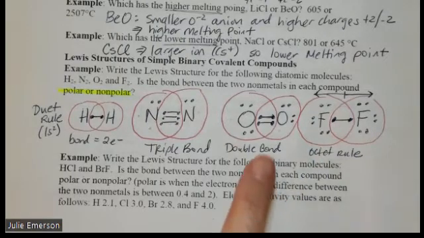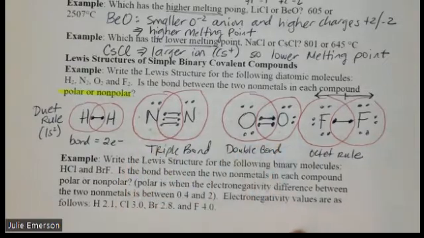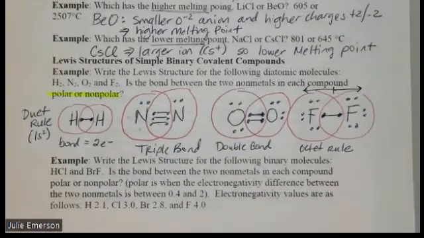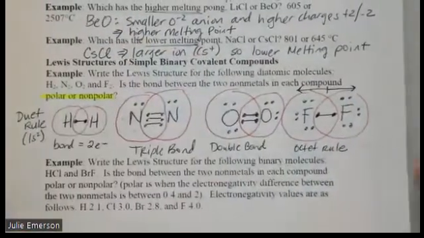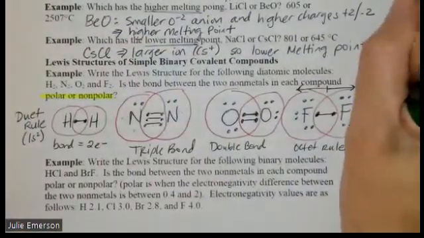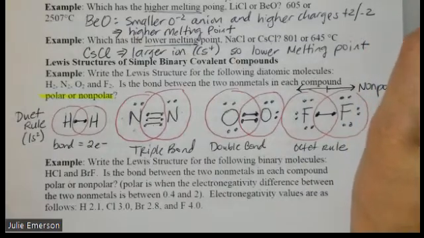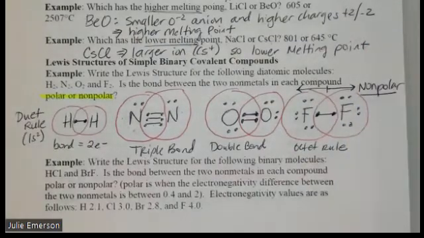And the same is true with the double bond for the oxygen and the triple bond for the nitrogen and the single bond for the hydrogen. In this case, where am I going to put this? This is going to be nonpolar. All of those four compounds that we looked at, they're all nonpolar.